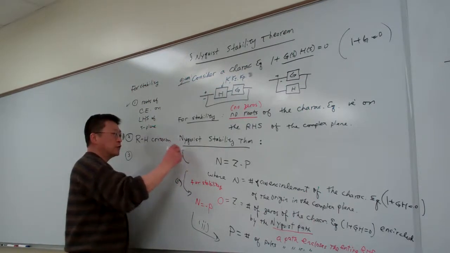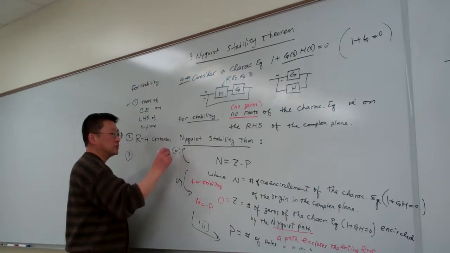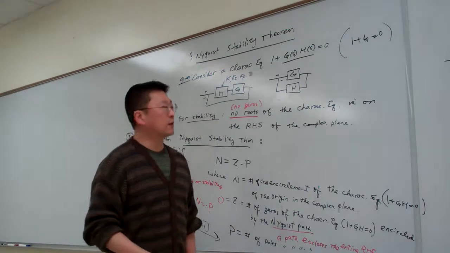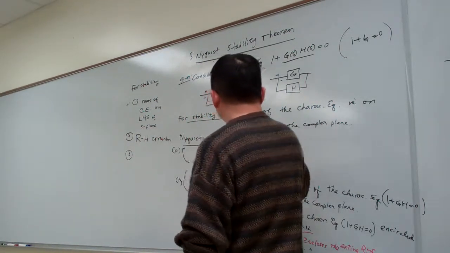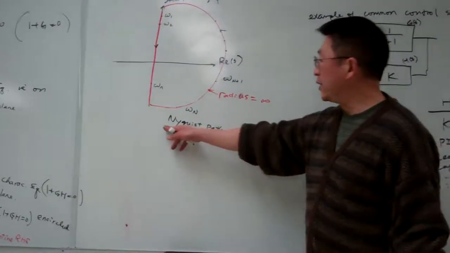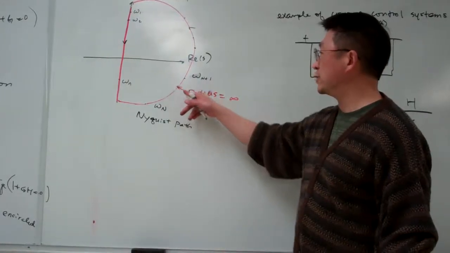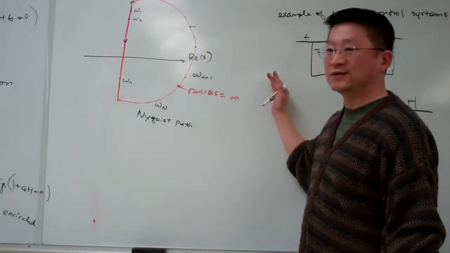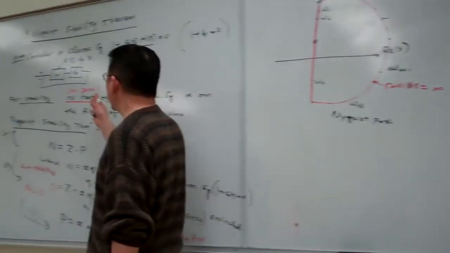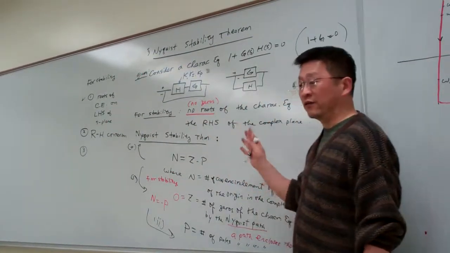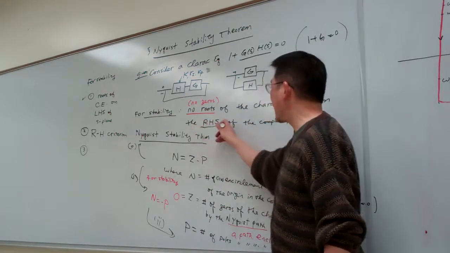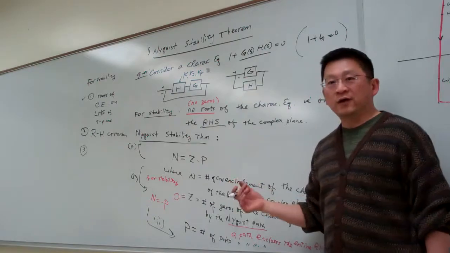So here I want to go up to level 0, the generalization. This theory applied from the beginning, where I picked the Nyquist path to enclose the entire right-hand side. Because for our purpose, we are concerned with whether we have any zeros on the entire right-hand side. That is the area of interest.